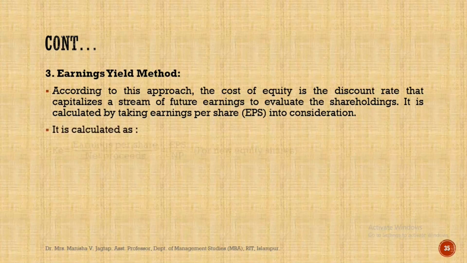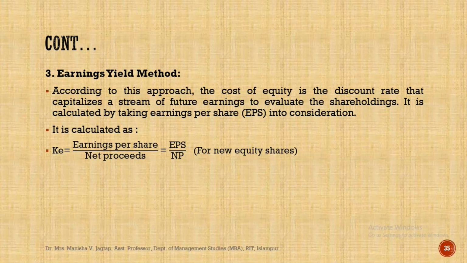The formula used for calculating cost of equity by using earnings yield method is K is equal to earnings per share, that is EPS, divided by NP, that is net proceed. And this formula is for calculating cost of new equity shares.